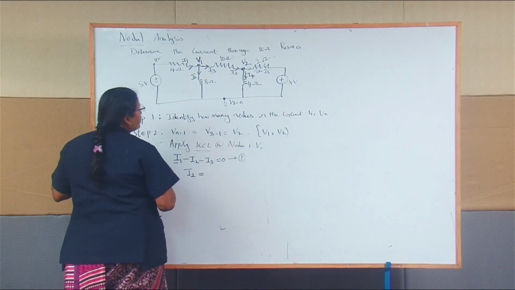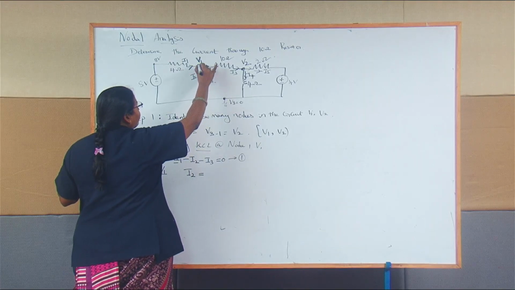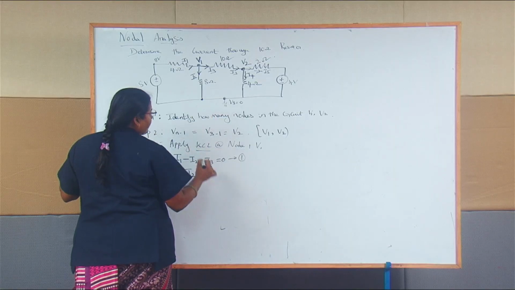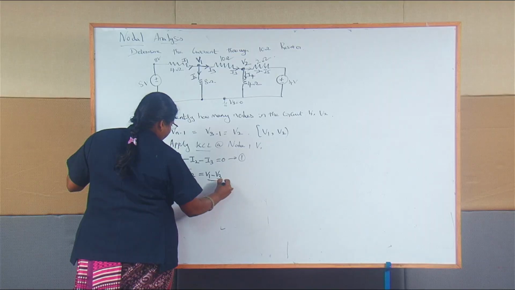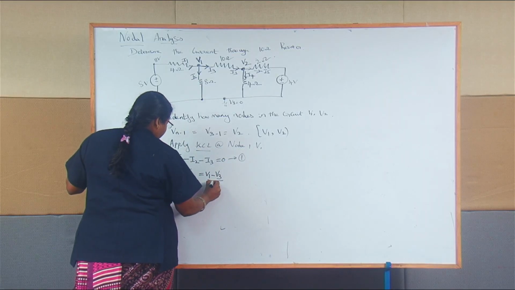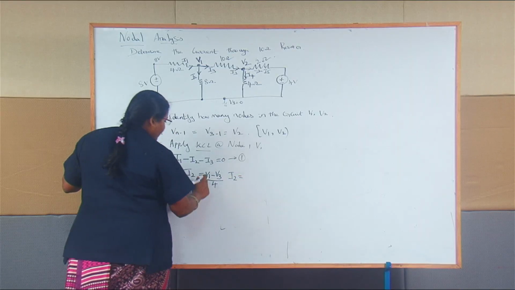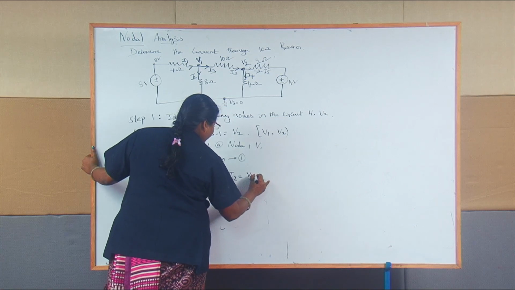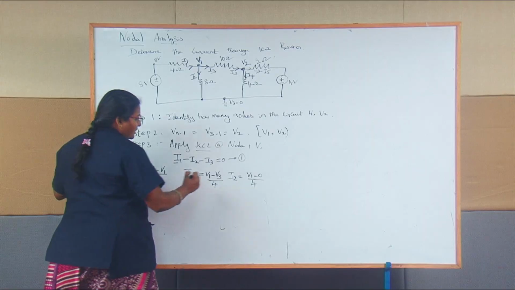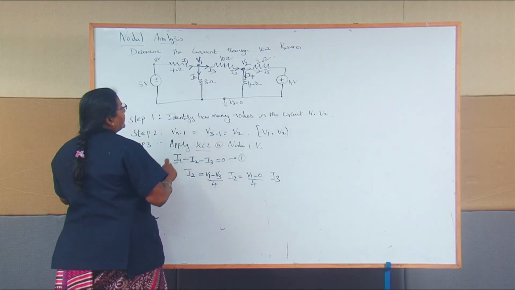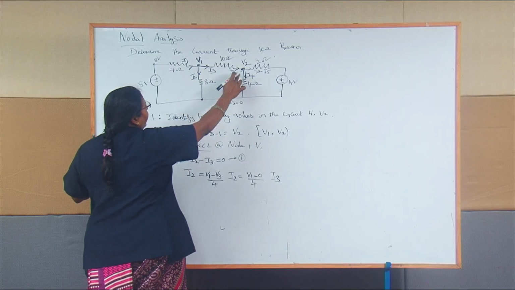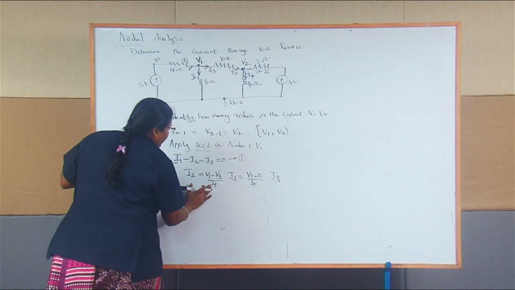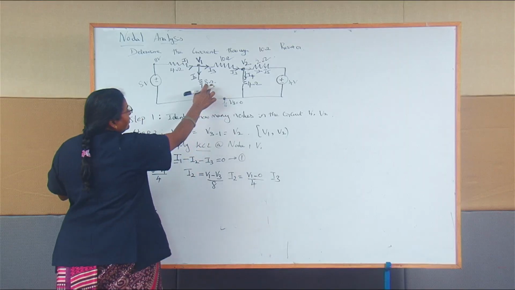Similarly for I2, the entering voltage is V1 and it ends at 0, that is V3, so V1 minus V3 divided by the resistance value mentioned here as 8 ohms.